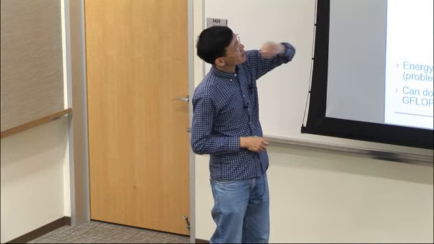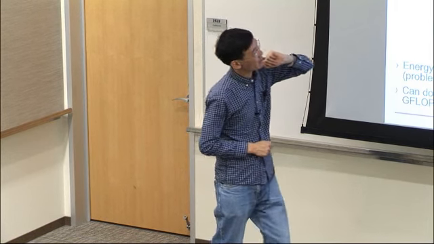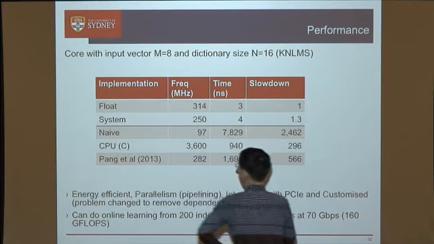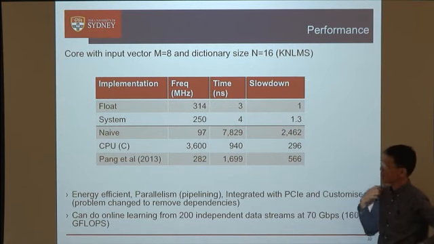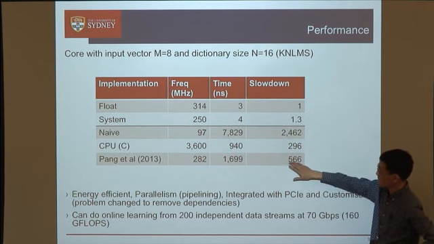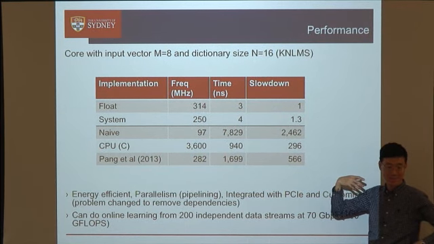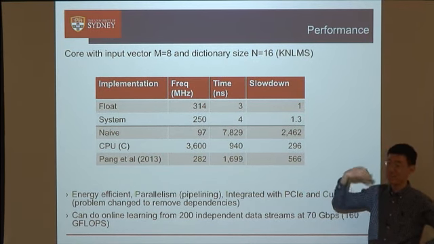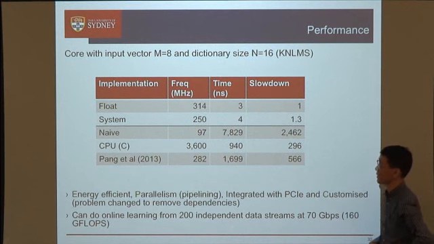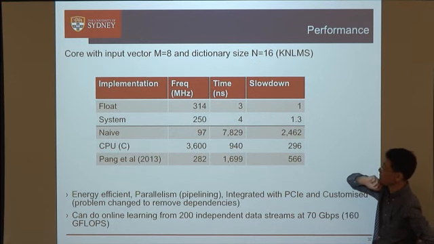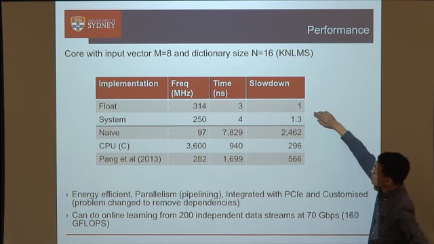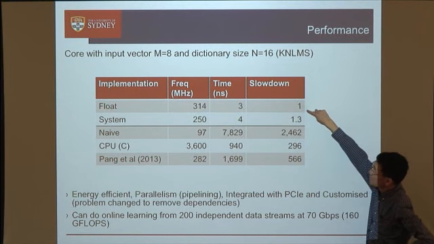Okay, so here's an overview of the performance of this. Compared to the vector processor, which is this one, the vector processor is actually a lot easier to program because you can make a simulator and you can program it without redeveloping the hardware. But we made a core. It runs in single precision floating point.